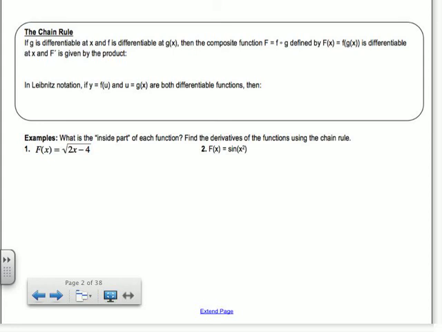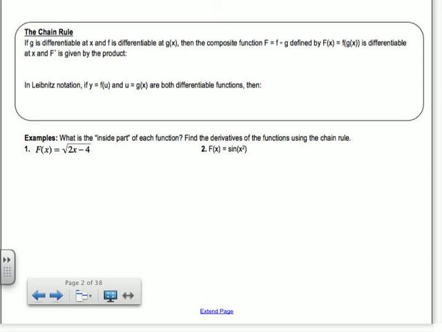Just tack it on. All right, so it says if g is differentiable at x and f is differentiable at g of x, then the composite function, composite meaning composition, f of g, is defined by f of x equals f of g of x. Sorry, I know it's yellow, I'll fix it.